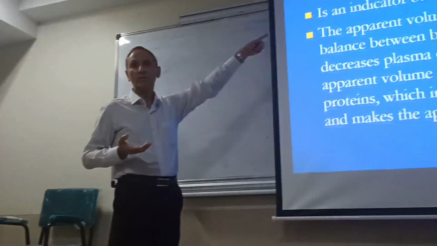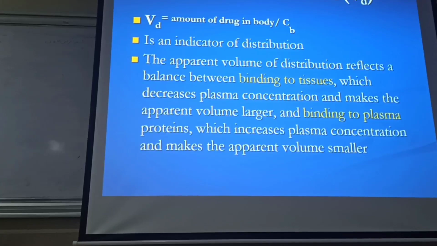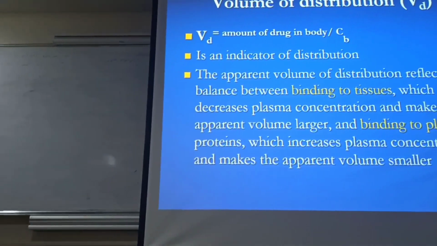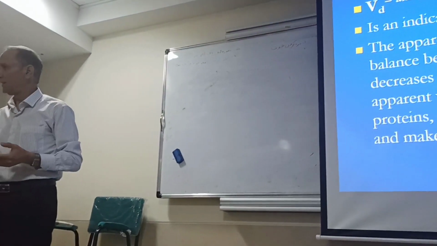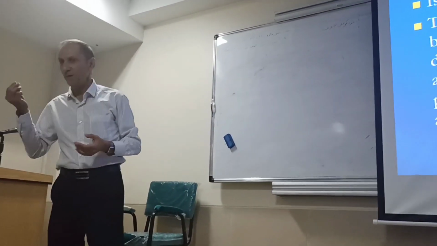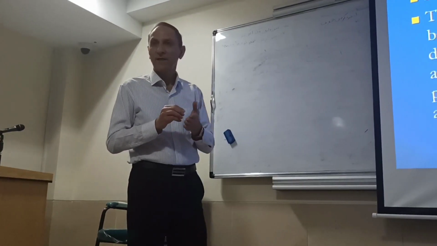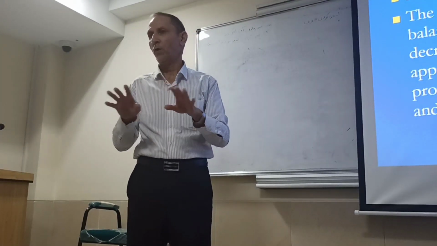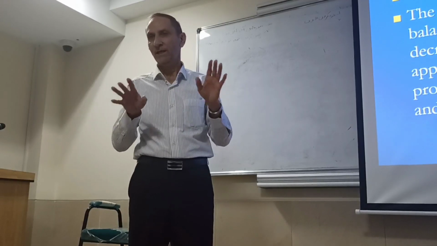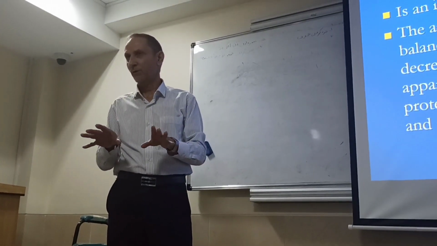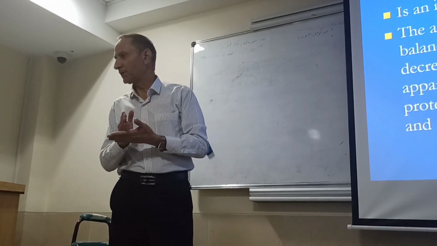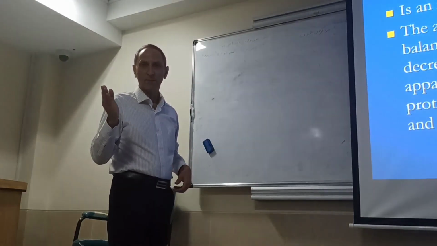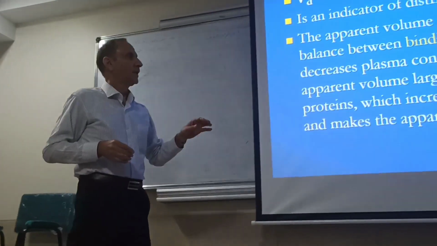But according to this formula, for some drugs we may have 2,000 liters or 20,000 liters. It means that if we distribute the drug uniformly in such a volume, the concentration will be equal to the blood concentration.